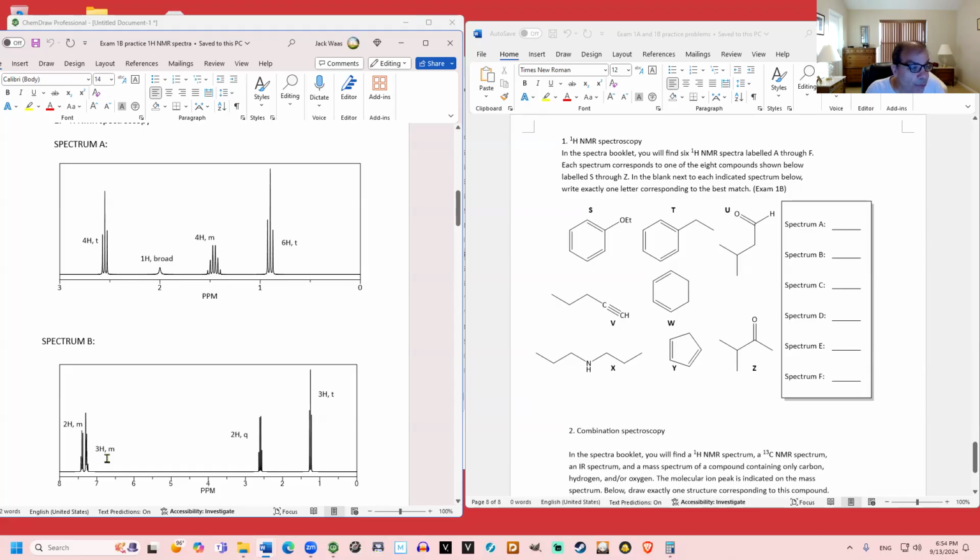Meanwhile, further evidence that we have an aromatic ring and therefore the possibility of benzylic hydrogens is down here. Remember, aromatic hydrogens show up between 7 and 8 parts per million, typically. If there's something very electron withdrawing, they could show up downfield of 8 parts per million, but almost always they're between 7 and 8 parts per million.